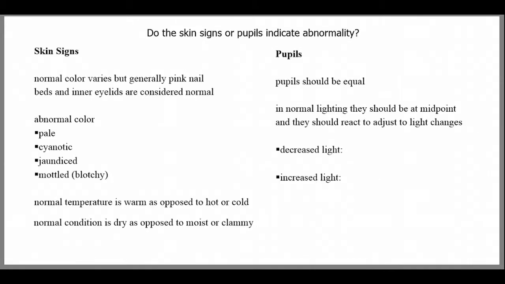Do these skin signs or pupils indicate abnormality? Normal color varies with skin signs, but generally pink nail beds and inner eyelids are considered normal. Abnormal color, pale, is associated with poor circulation.